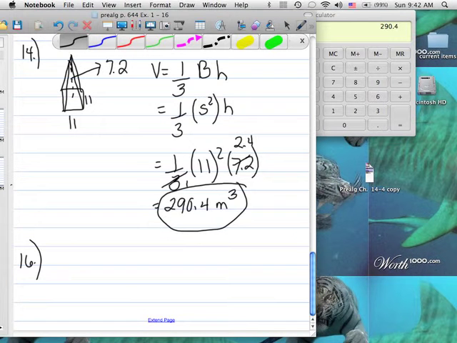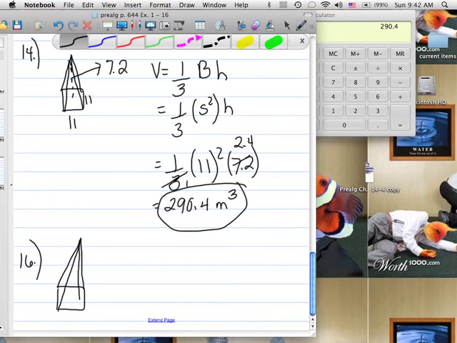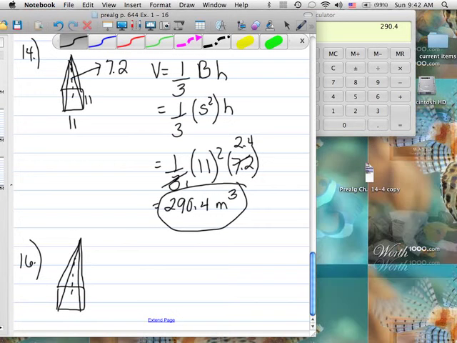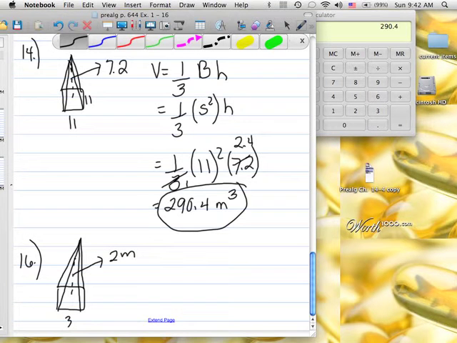A tent is shaped like a square pyramid. So here we have our square pyramid again. And it has a height of 2 meters. And the bottom, remember, is a square, so it's 3 by 3.